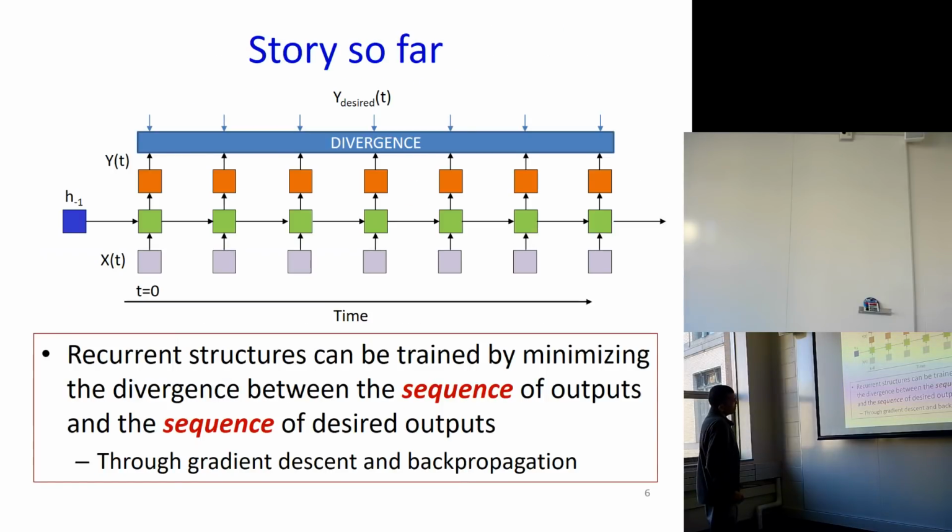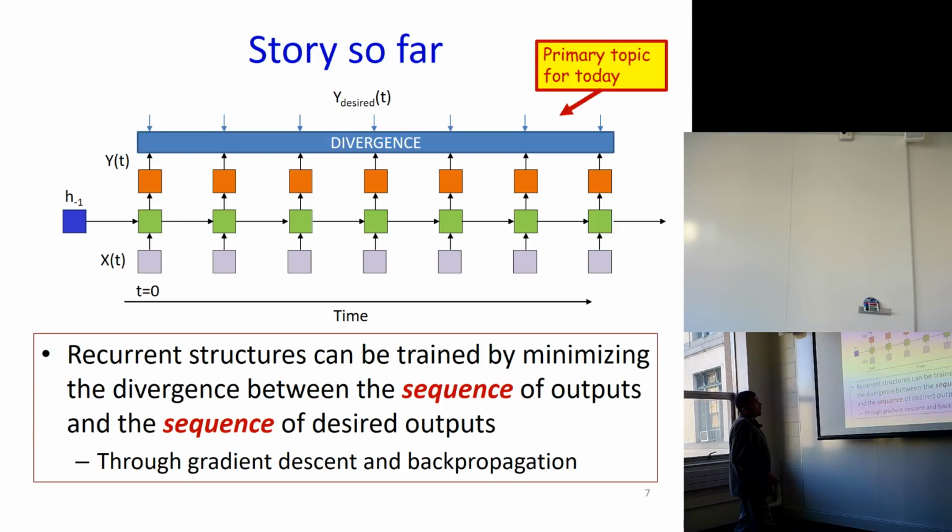So in general, you're going to be minimizing a divergence between what the network outputs over the entire series and the output that you desire over the entire series. So you'd be looking at the entire sequence of actual and desired outputs. You can perform the training through gradient descent and back propagation once you define your divergence in this manner.